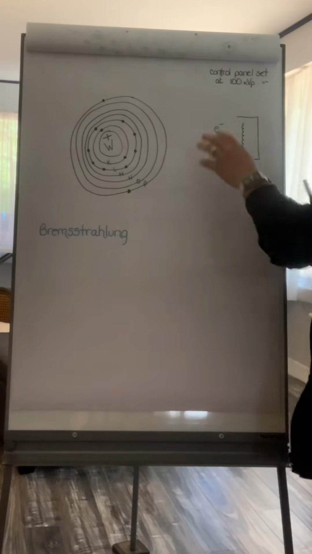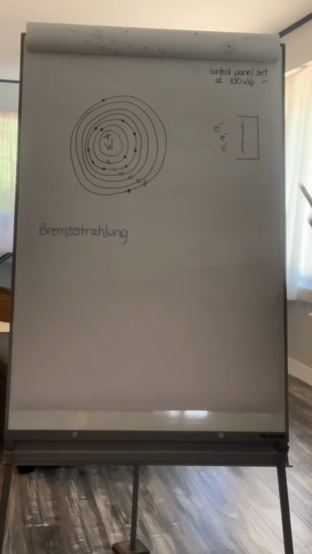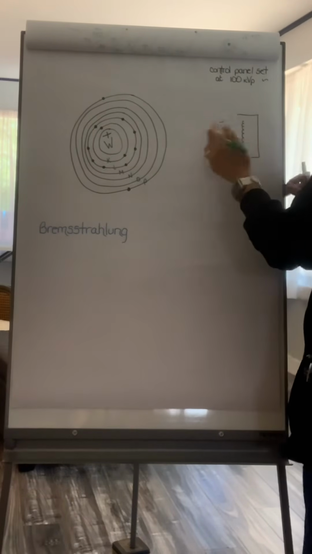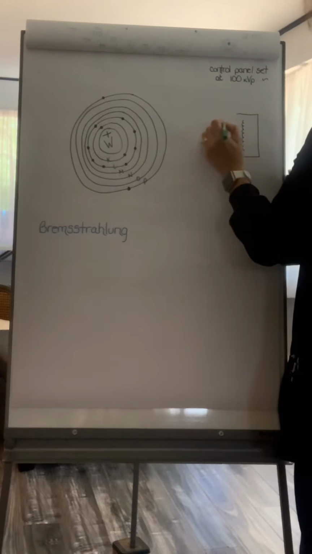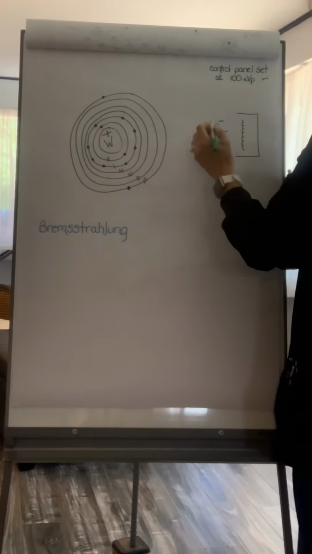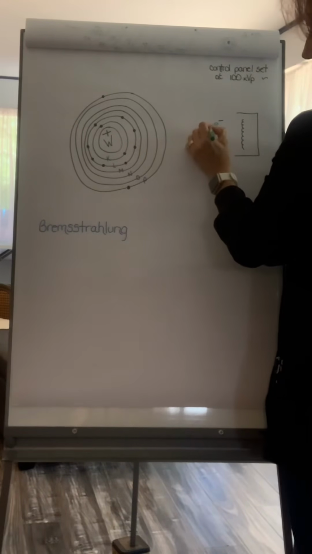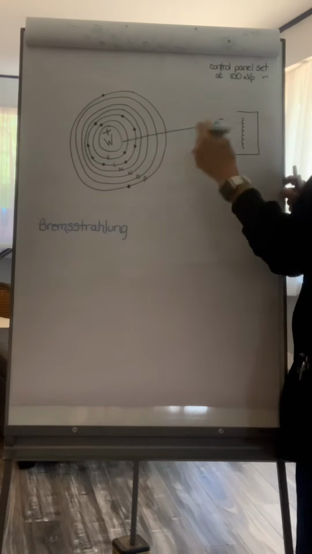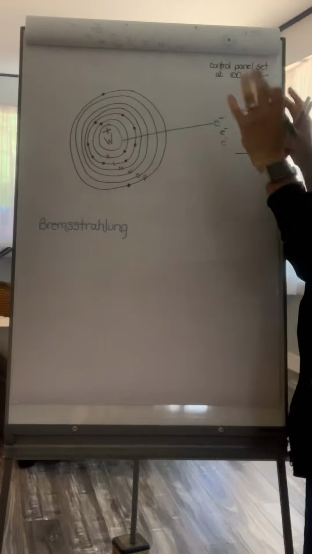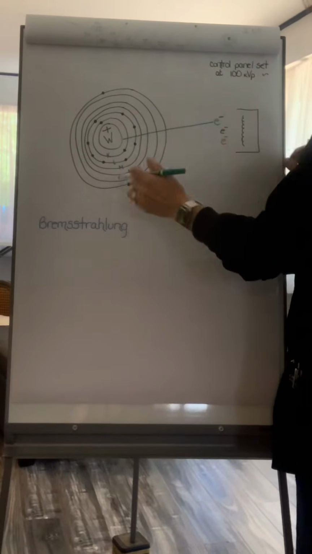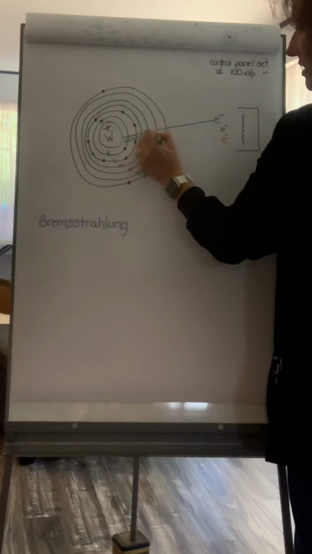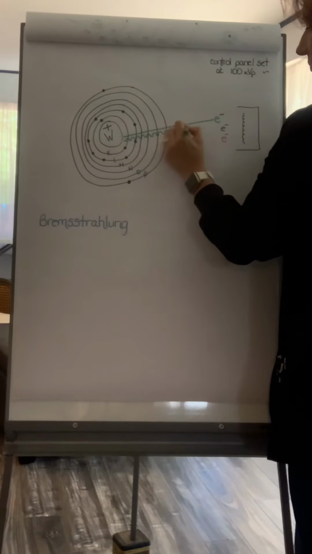So for this, let's just say that our control panel is set at 100 kVp. All right, so what happens? Let's just go with this first electron, comes in, and this negative electron is attracted to this. Let's just say it makes it all the way as close as it possibly can to the nucleus. And in order to do that, remember I talked about the concert? In order to get there, it has to give off every single bit of its energy in order to be there.